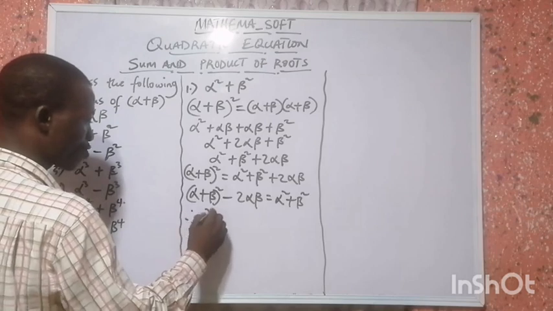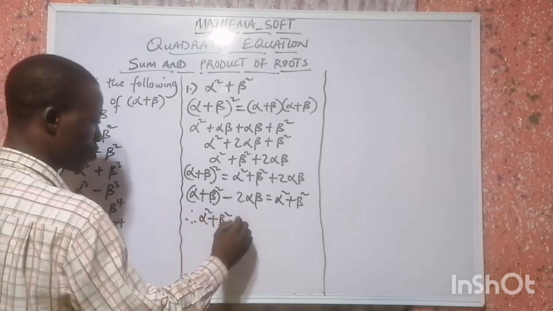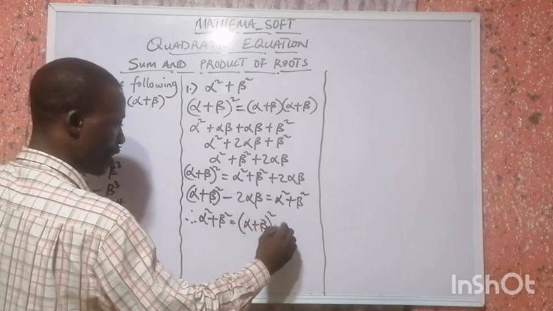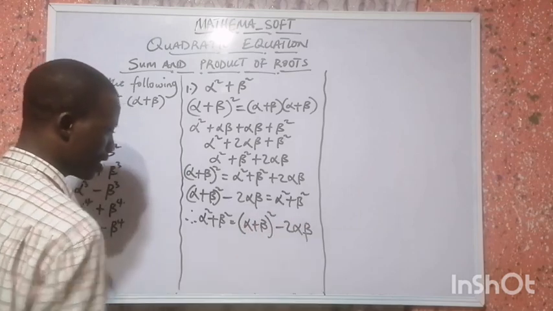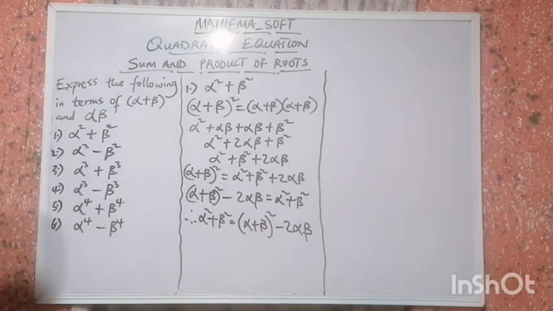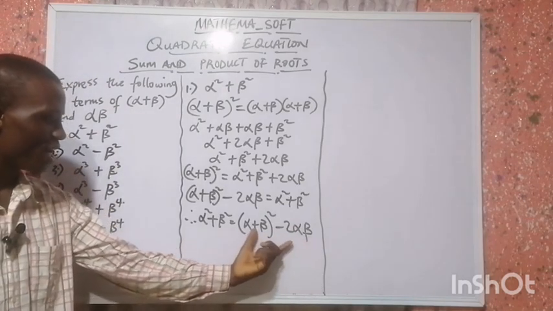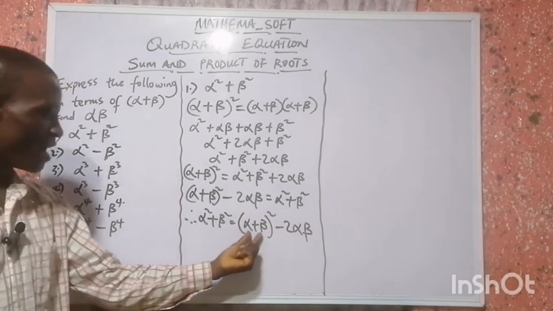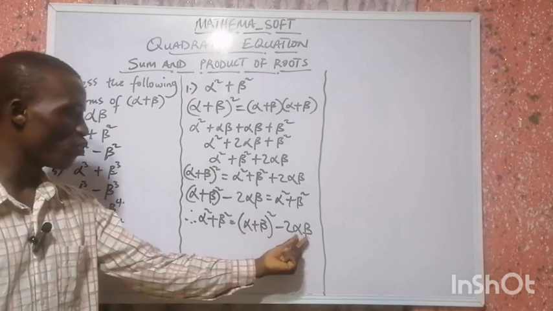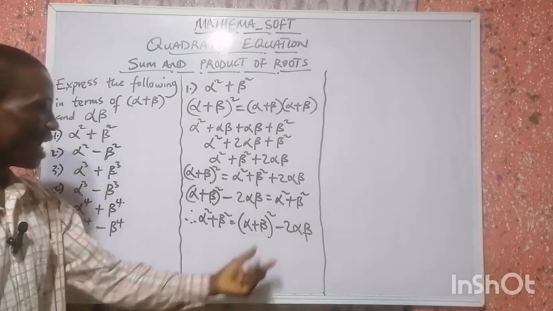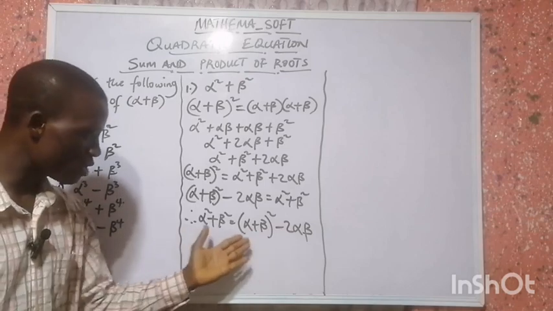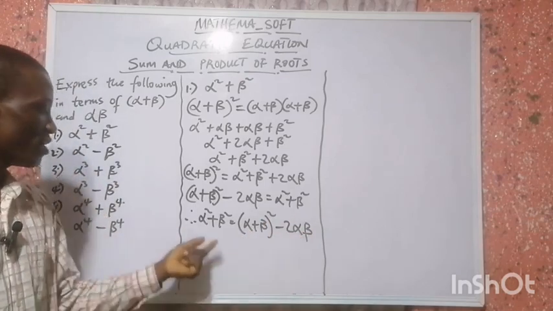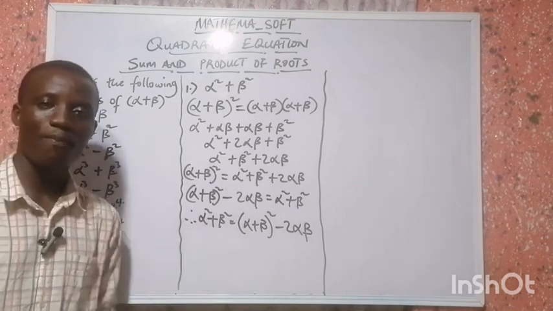Therefore, alpha squared plus beta squared equals alpha plus beta squared minus 2 alpha beta. Every term we have now is in terms of alpha plus beta and alpha beta. So if we have our alpha plus beta, we just put the value, and we have our alpha beta, we just put the value, and by solving this mathematically, we can easily get our alpha squared plus beta squared.